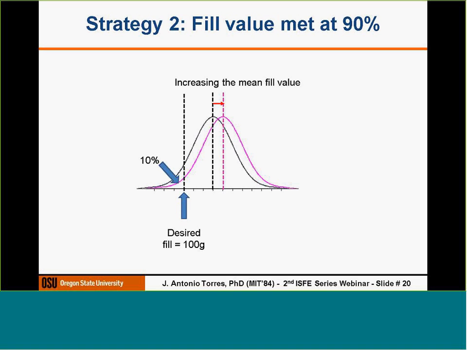What we're trying to do now, again, is shifting the mean value and area of the desired fill weight and the distribution of the new fill weight setting to 10%. So this little triangle here, 10%.